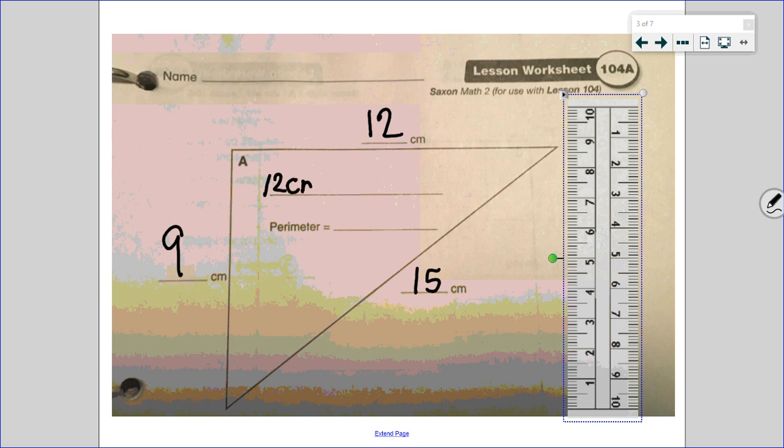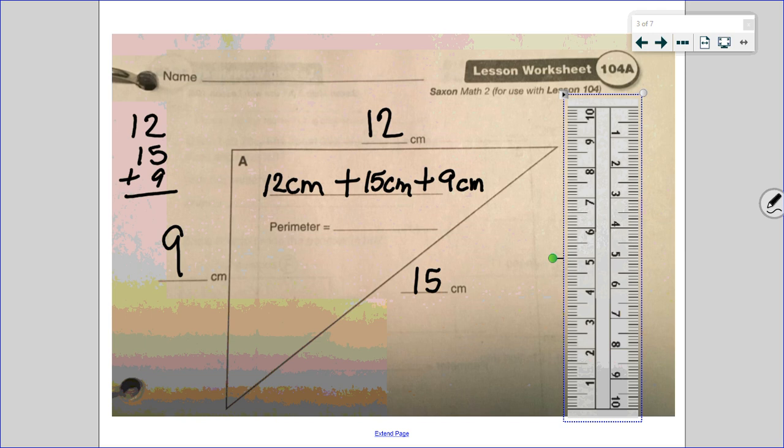It's going to be 12 centimeters plus 15 centimeters plus 9 centimeters. Wow, that's a big problem. I think I'm going to come over here and write it up and down vertically so I can get the correct answer. Well, let's see.